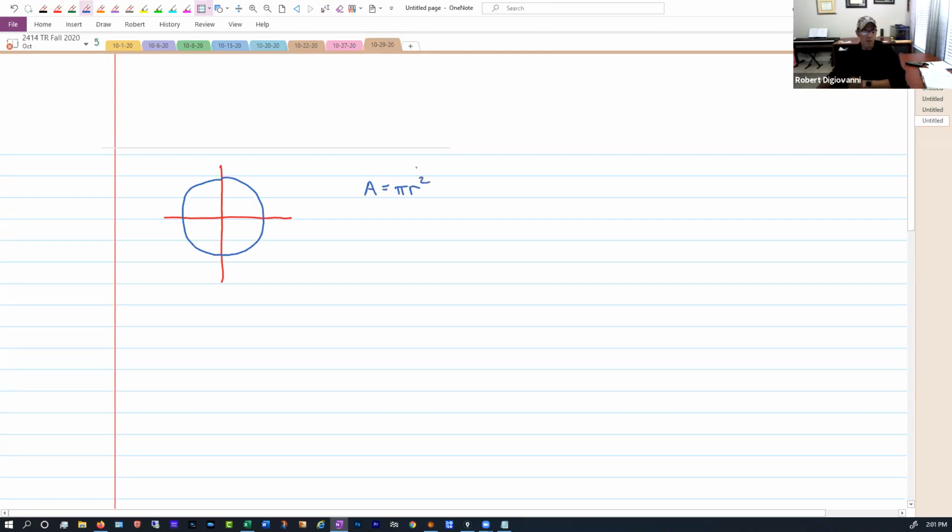And if you go back and look in your notes, to do that, we had to use trigonometric substitution. And then the other day, I proved that the volume of a sphere is 4/3 pi r cubed. And that we proved by taking the circle and wrapping it around the x-axis, right?